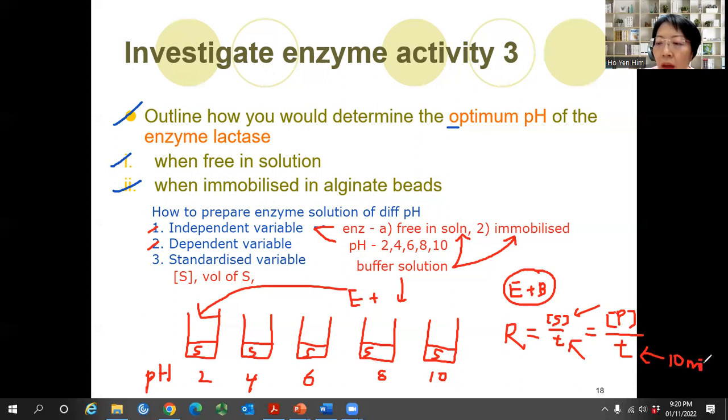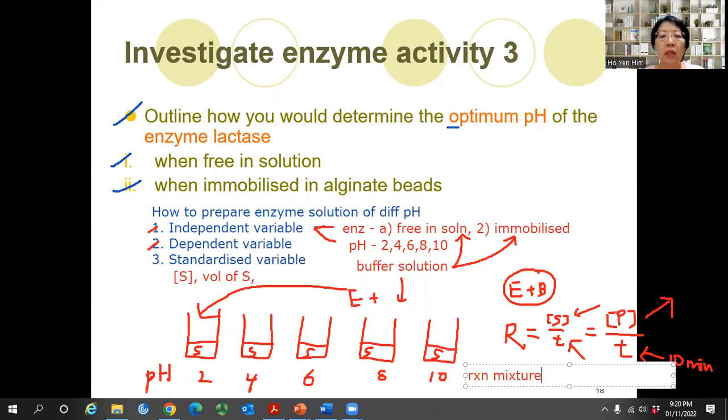After 10 minutes, we will take the solution and do the Benedict's test and see how much product has been formed. Because you mix enzyme with substrate, this is called the reaction mixture.